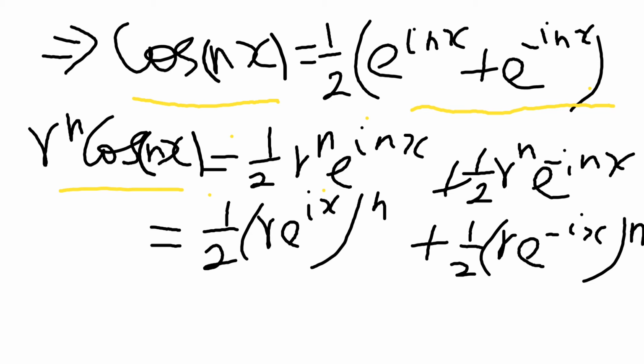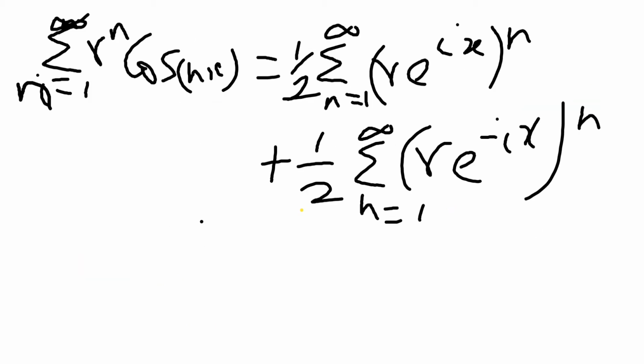So this will be equal to half of (r exponential ix) to the power n plus half of (r exponential minus ix) to the power n, because a raised to the power nm can actually be written as a raised to the power m, all raised to the power n. So I am free to do this; it is in indices.